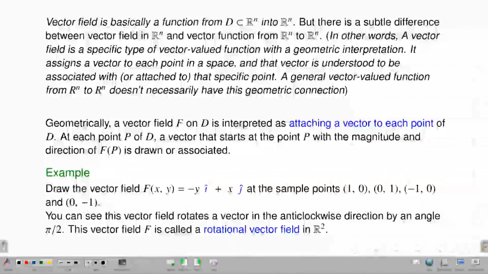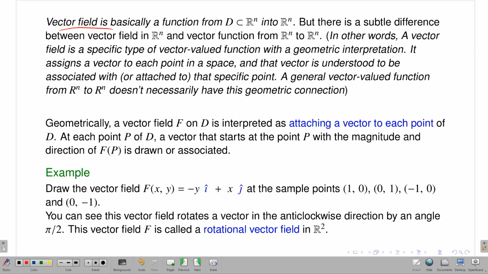Before that, let me say a little bit about vector fields. If I talk about a vector field, that means it associates a function, right? If I want to talk about a vector field on some domain D, a subset of Rn, I am talking about a function from the domain D, a subset of Rn, to Rn, because I am talking about a vector; it should be a point in Rn.